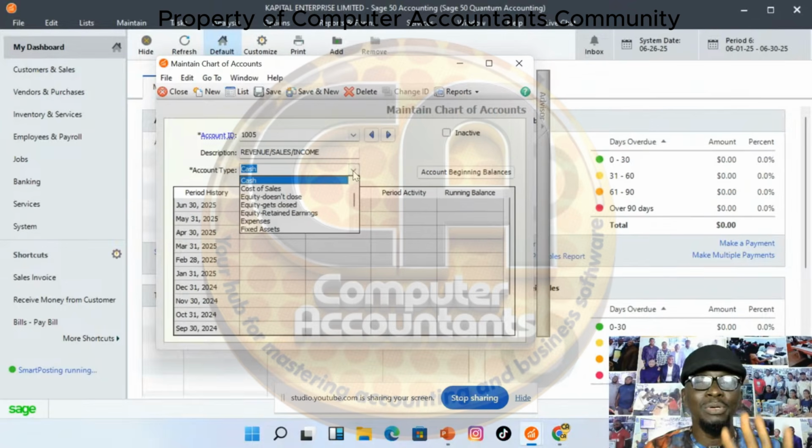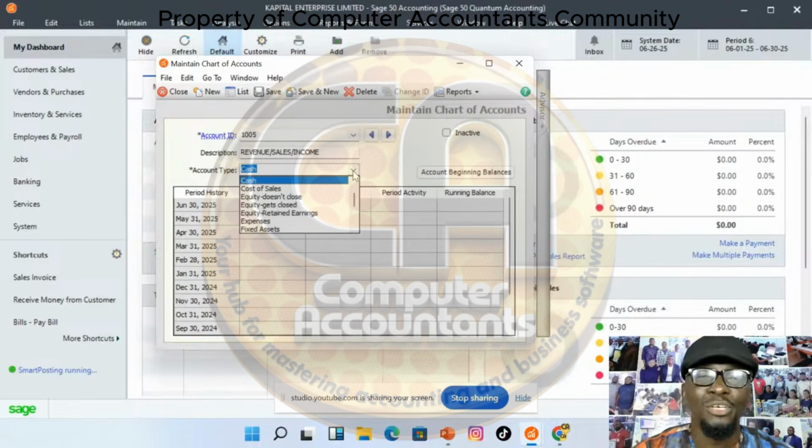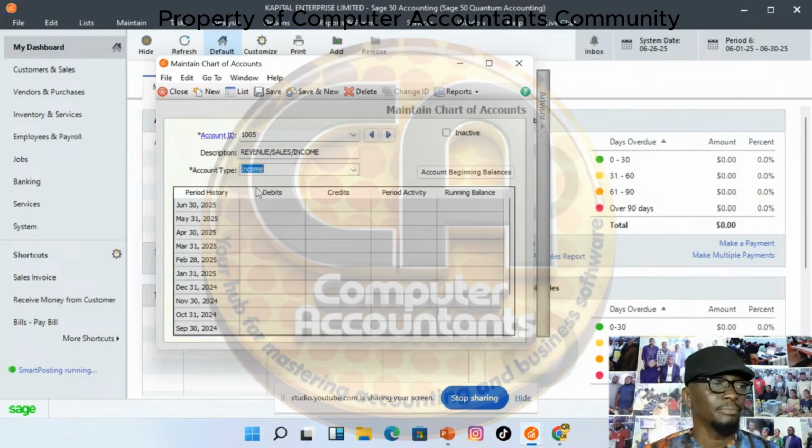Remember I told you in the last QuickBooks session that there are five pillars of accounting: income, expense, asset, liability, equity. So revenue is the account that captures the payment from our customers for items or services rendered to them. So I'm going to look for income here, letter I. This is it, income. I'm good. So I'll click save and new.